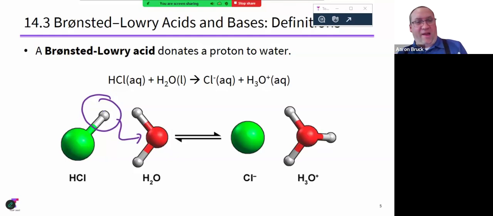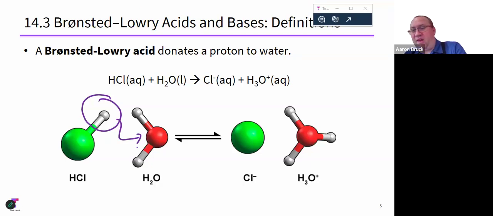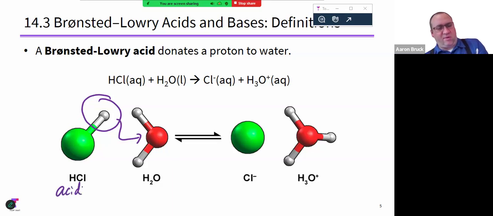So the hydrogen from hydrochloric acid goes to water, and we end up getting chloride ion and H3O plus, the hydronium ion. And so for this reason, we could identify hydrochloric acid as the acid. In this case, water would be the base.